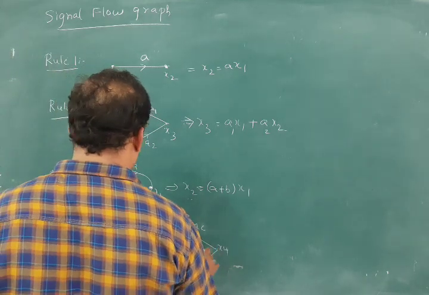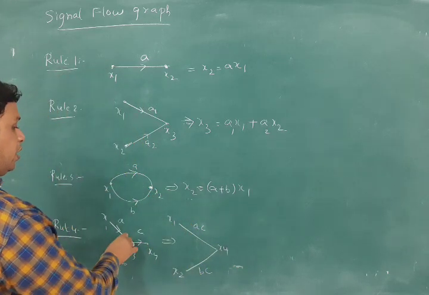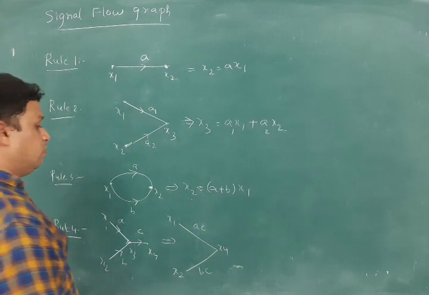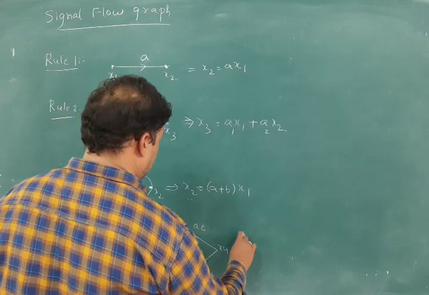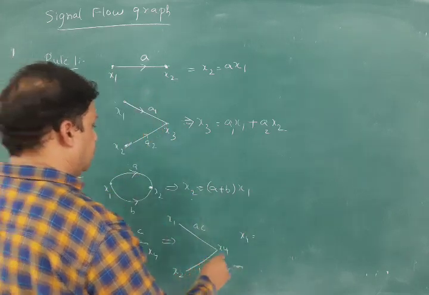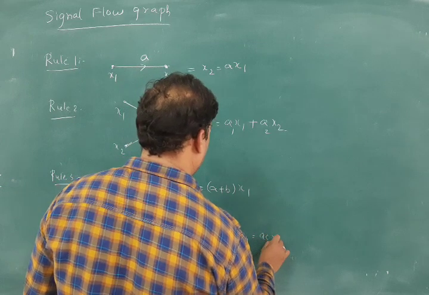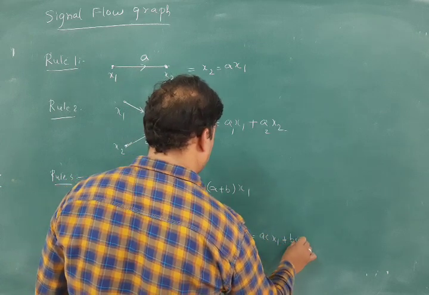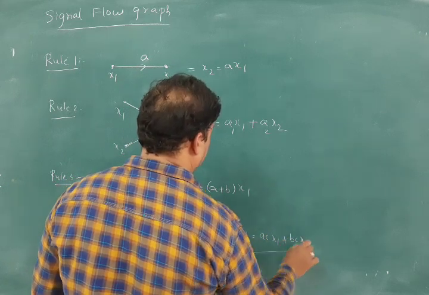If this happens like this, we can write the equation. x4 is equal to AC x1 plus BC x2. We can write this form also.